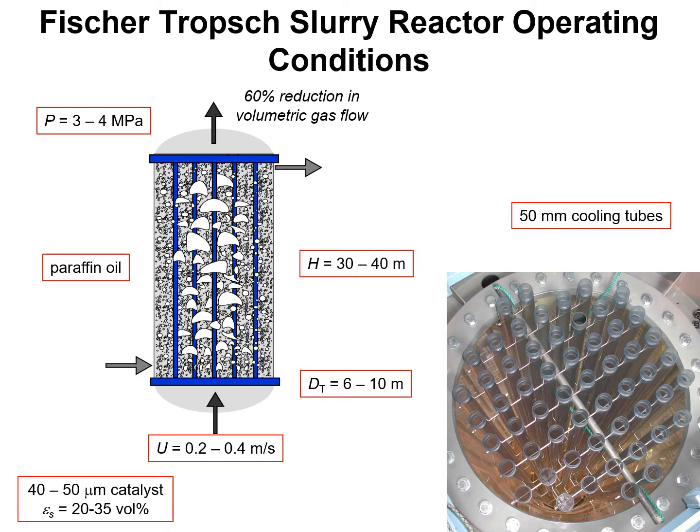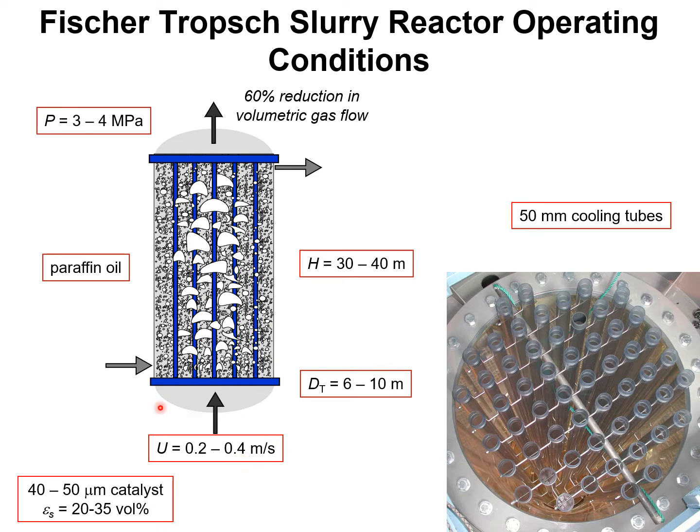Before we delve into the bubble column hydrodynamics, let's get a feel for the operating conditions for a Fischer Tropsch slurry reactor. Typically, the gas velocities entering the FT bubble column slurry reactor are in the range of 20 centimeters per second to 40 centimeters per second.